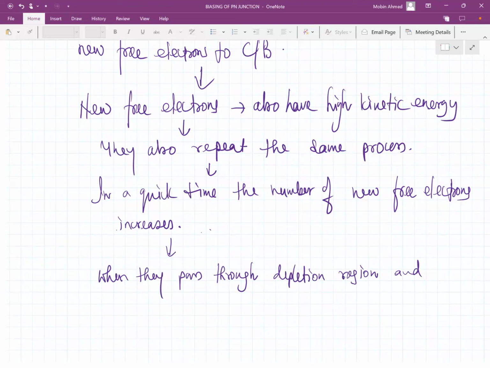They are just rushing through, and they increase the temperature of the junction.